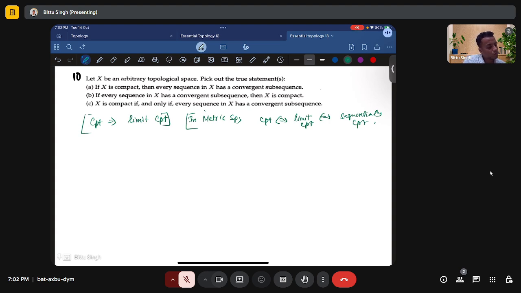But in this case, we need to compare compactness and sequential compactness. So in general, this one may not imply the other.